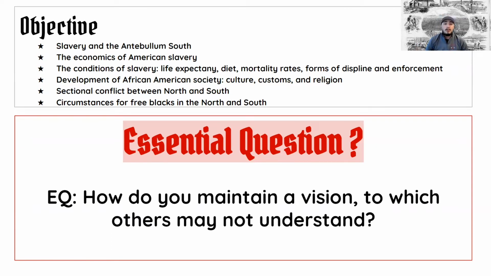And we're also going to talk about the development of African-American society, even within chains, as they create their own communities within the circumstances that have been given to them. And of course, how this conversation of slavery is still a hot topic between the North and South, as everyone is afraid of what would truly happen if we released it, as far as the policies and stuff like that.